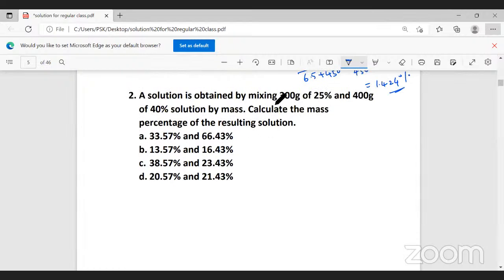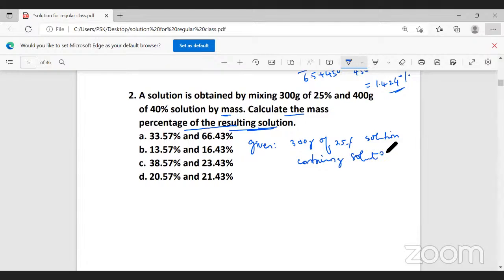The second question: a solution is obtained by mixing 300 grams of 25% and 400 grams of 40% solution by mass. Calculate the mass percentage of the resulting solution. What is given? 300 grams of 25% solution containing solute.